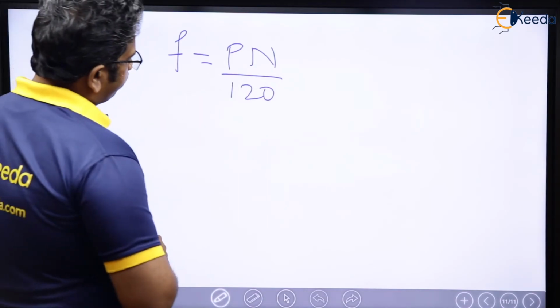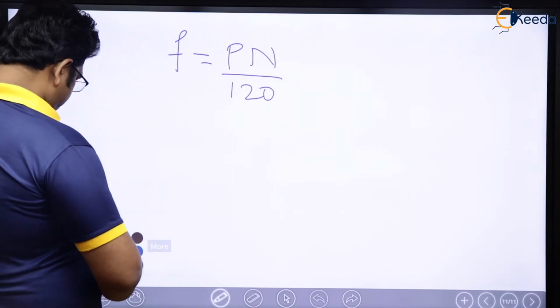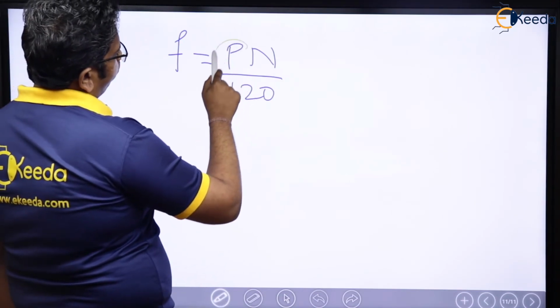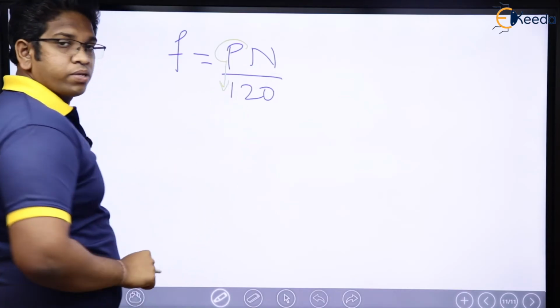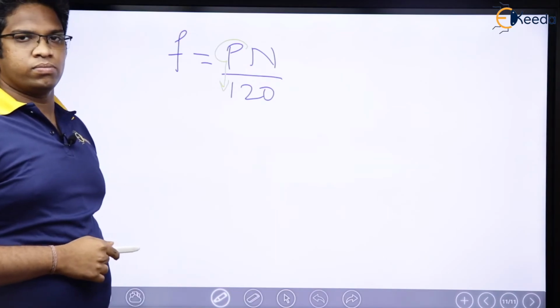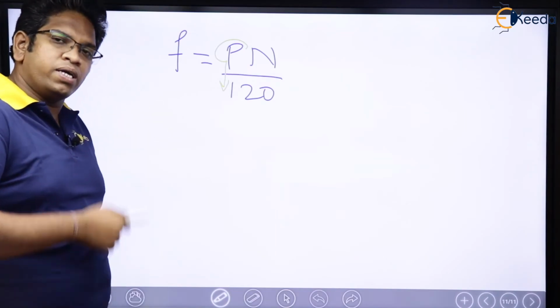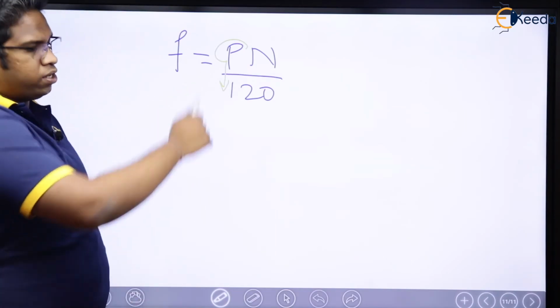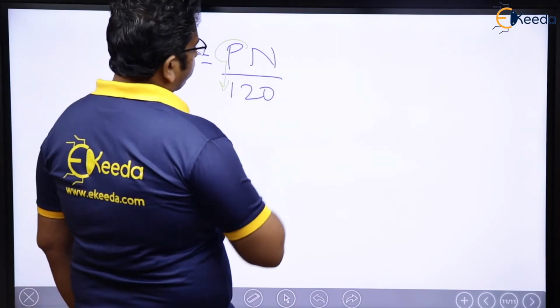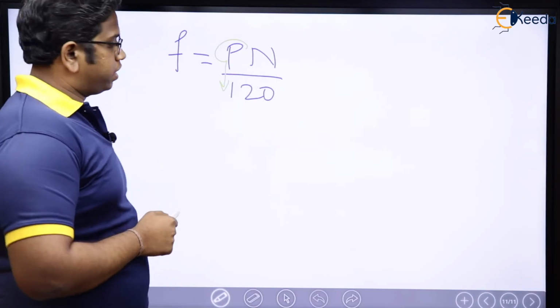Now see here, what is going to happen? In case of a cylindrical rotor, we know that the number of poles is going to be less. Why? Because we want slots per pole to be more. That is the reason the number of poles that can be incorporated in the rotor will be less. Yes, less, no problem. Now, what about N?